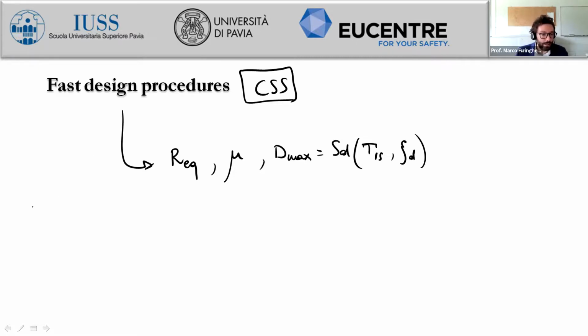Concerning the equivalent radius of curvature, this can be associated directly to the radius of curvature of the main sliding surface, but only in the case we are adopting a single curved surface slider, with just a main sliding surface and a secondary surface that can be associated to a hinge behavior, which just allows horizontal deformation to the main surface.